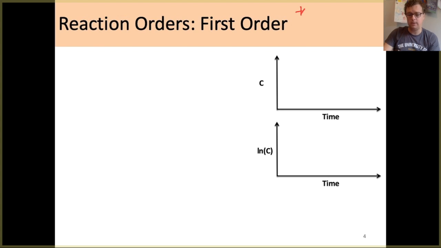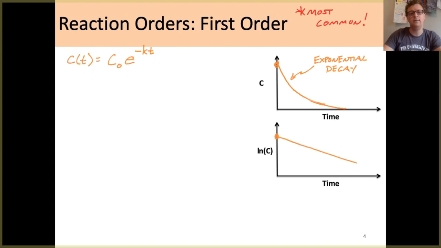The one that I want to focus on with the rest of our time here is going to be a first order reaction. Far and away, these are the most common way that we'll represent reactive processes. Our concentration time series has a characteristic exponential decay. And of course, that means if we plot the natural log of concentration through time, that's where we actually see that nice linear time series.